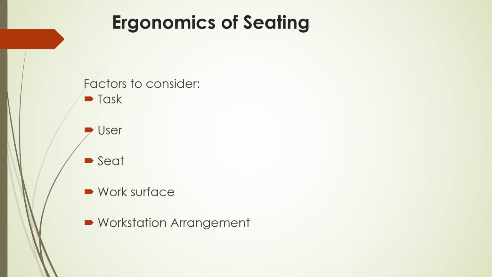Due to the increased number of people sitting for long periods of time for their work, making sure that their workstation is customized to suit them is of critical importance. Such ergonomic customization should take into account the following factors: the task that a person engages in, the user themselves, for example their body type and characteristics, the seating that is available at the workplace, the type of work surface, and the arrangement of the workstation, for example, where the computer screen is located.